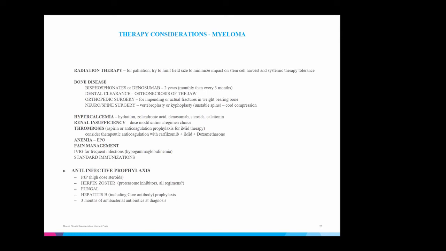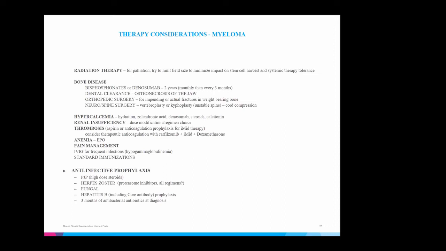One is that radiation therapy is used for palliative reasons, but it's got some bone marrow suppression activity, so you try to limit the field size, especially in patients who may be candidates for stem cell harvest. Bone disease is a problem in myeloma patients, and most patients will be getting a bisphosphonate or denosumab as long as they can get dental clearance ahead of time to ward off the possibility of getting osteonecrosis of the jaw.